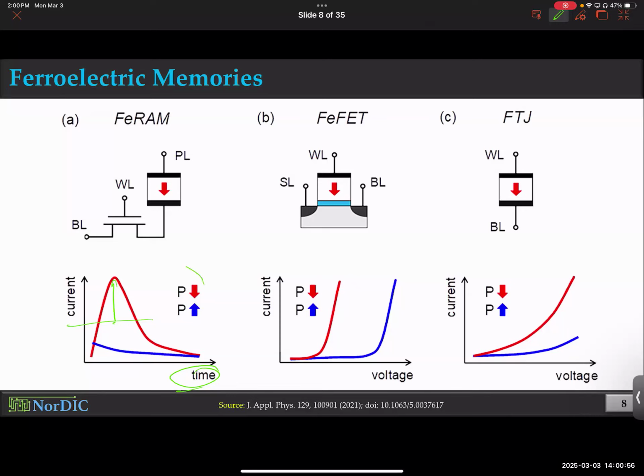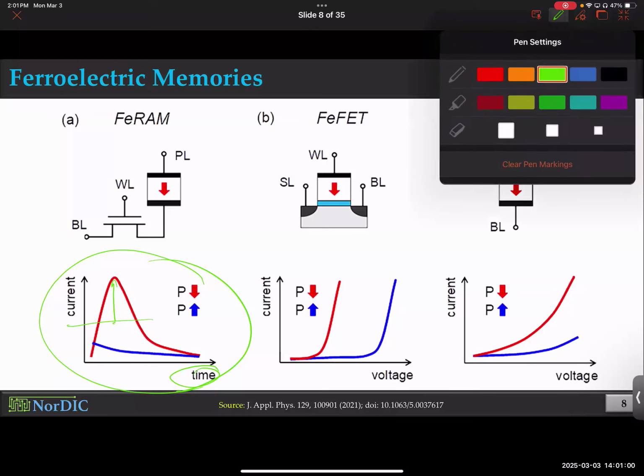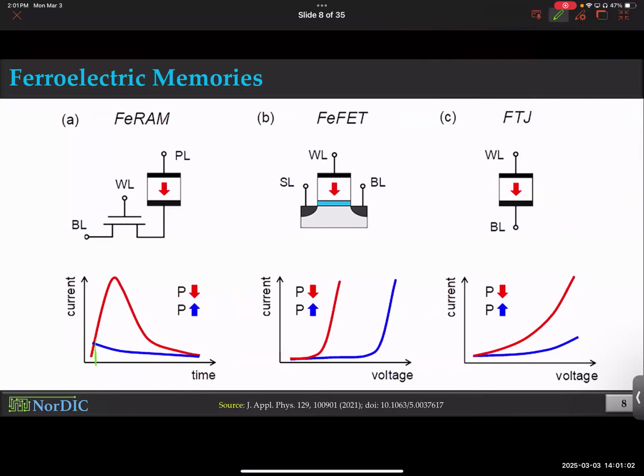So we have to see it with respect to time, and we have to keep in mind how much time we are giving it. For example, if you sense quickly, if you sense right here, you don't see any difference. So you have to wait until the spike takes place and then stabilizes. And maybe at some point here, you take your sense measurement. Okay, so that's why we show it with respect to time, but regardless.